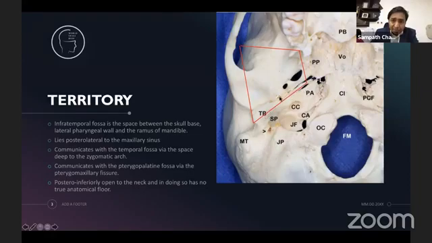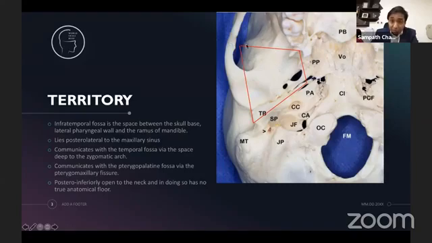The posterior part of the infratemporal fossa kind of leads us into more complex areas of the petrous bone. But per se, this is the area we're looking at, and it lies posterolateral to the maxillary sinus, communicates with the temporal fossa here via the space deep to the zygomatic arch.